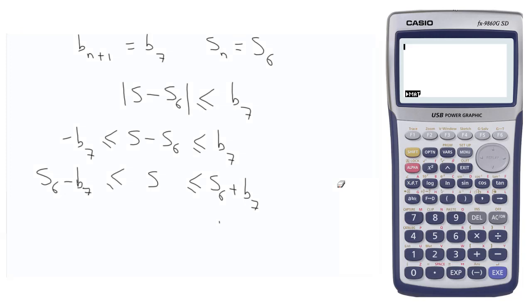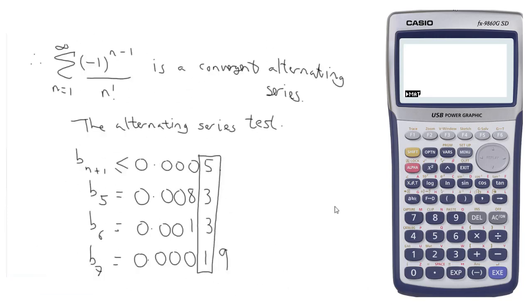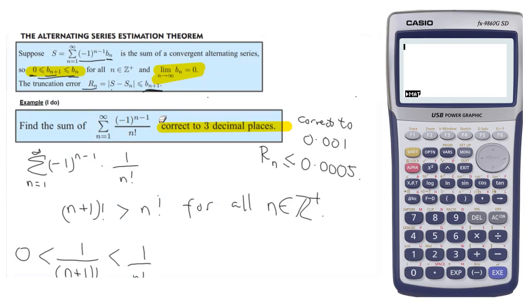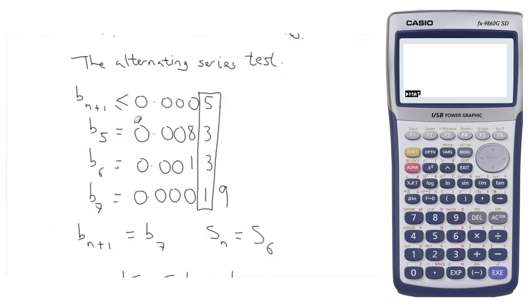So now we need to add up the first 6 terms in the series, and we have to use the series and not the sequence, so we need to make sure we get the signs right. We need to know if the first term is positive or negative. With minus 1 to the power n minus 1, when n equals 1, it would be minus 1 to the 1 minus 1, minus 1 to the 0, which is 1. So it starts off being positive.